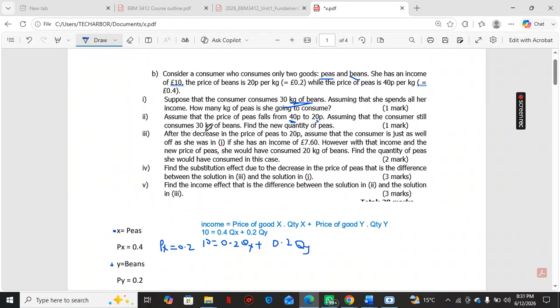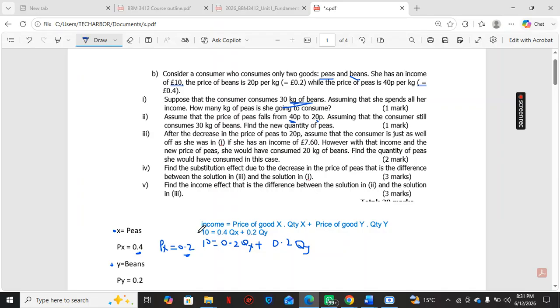Part 2, after the decrease in the price of peas to 20 pence. The price of peas dropped from 40 pence to 20 pence, so we had to change our budget constraint equation.